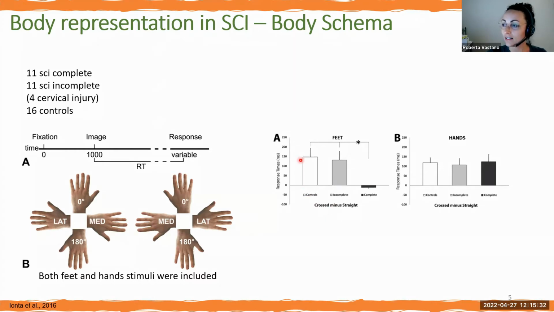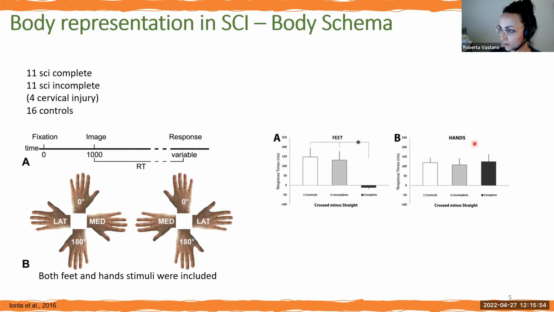What they find is that for the feet stimuli, participants with complete injury had no modulation of the posture, concluding that they performed the task with the same difficulty. So the posture did not have any effect on their reaction time, while incomplete participants behaved as control participants.